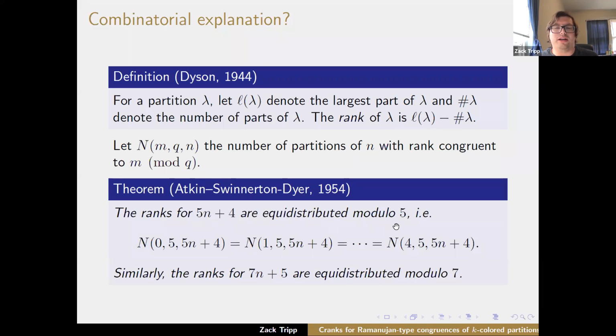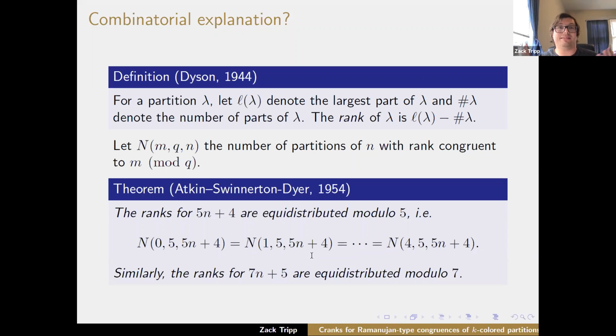Well, what Dyson conjectured, and later Atkin and Swinnerton-Dyer proved, is that if you do that for 5n plus 4, let's say you compute all the partitions for 29, you compute all the ranks, and put them into bins based on whether they're 0, 1, 2, 3, or 4 mod 5.